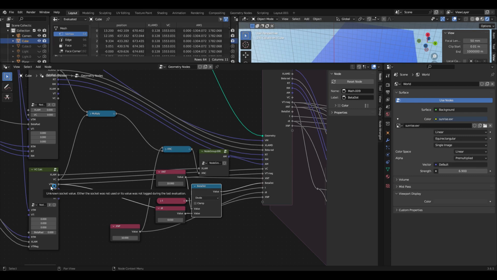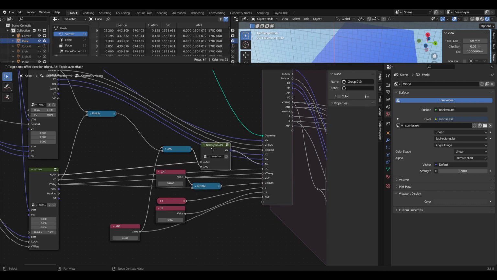And so I have an XNT, which is the target acceleration, and that goes into calculate beta dot, and that is simply dividing that XNT by the VT magnitude.